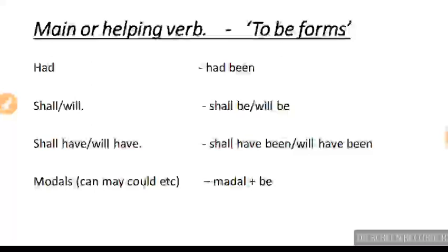If there is shall or will, these helping verbs will be changed into shall be or will be. Shall have or will have will be changed into shall have been or will have been. If there is a modal in the active sentence, we will have to add modal plus be.